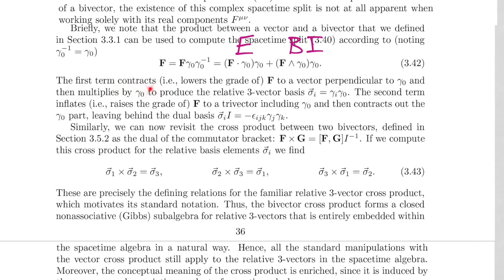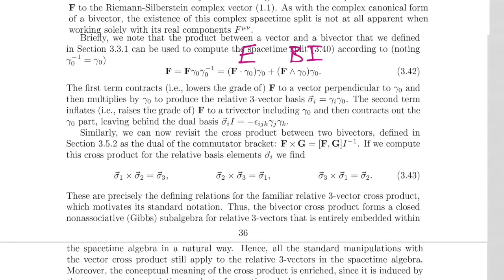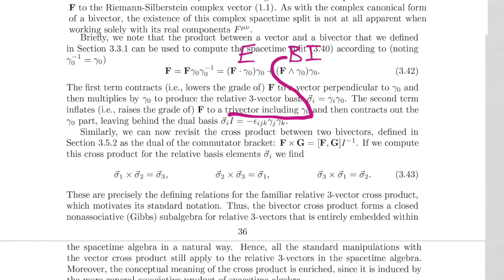The first term lowers the grade of F, it contracts F to a vector perpendicular to gamma 0, that's what contraction does, and then multiplies by gamma 0 to produce the relative 3-vector basis, right, which we just demonstrated. The second term inflates or raises the grade of F to a trivector including gamma 0, right? We demonstrated that too. That's this process right here. A trivector including gamma 0, that's what that thing is.